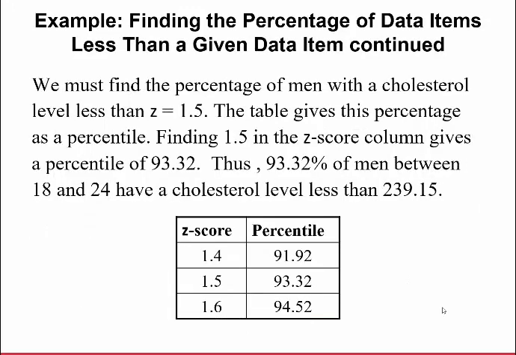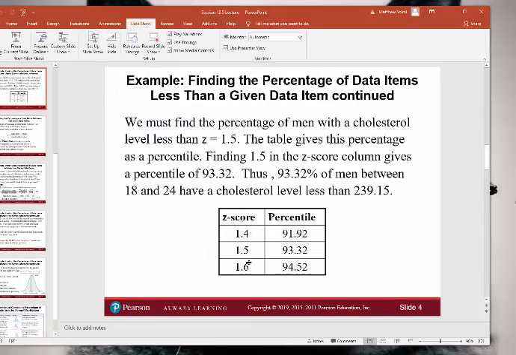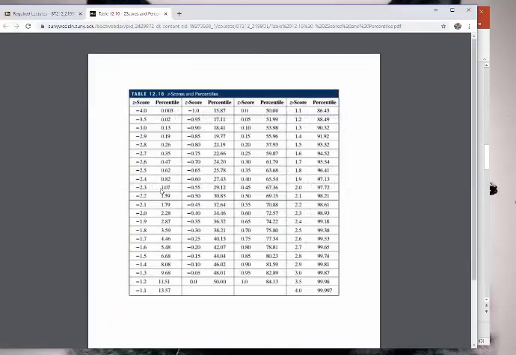What we must do then is find the percentage of men with a cholesterol level less than a z-score of 1.5. There's a table in your textbook, and I have it linked in the lecture, that gives the percentages as a percentile. I know my z-score is 1.5, so let me show you on the table. You're given this table in your textbook.